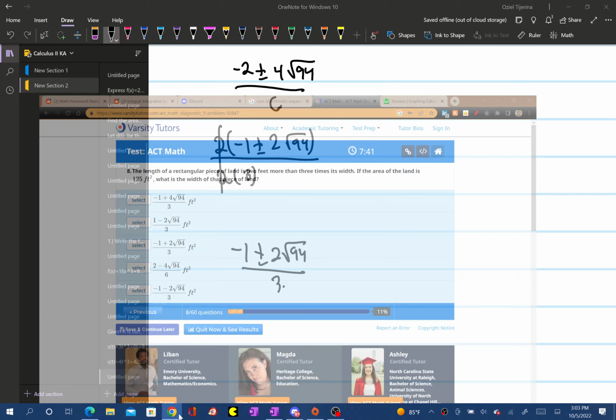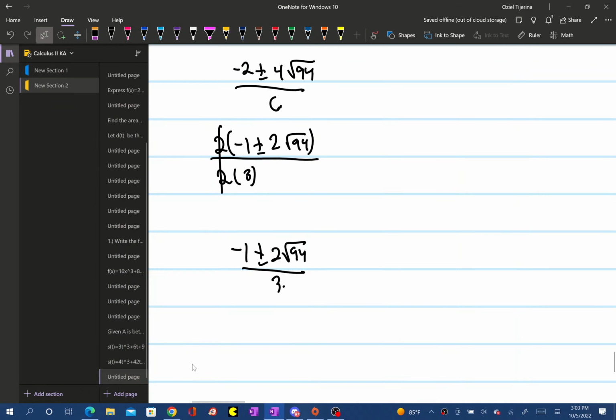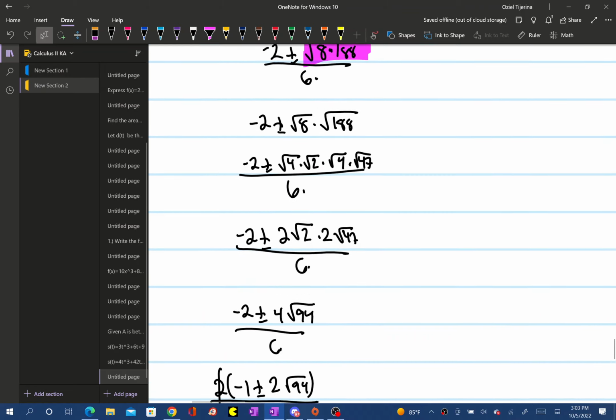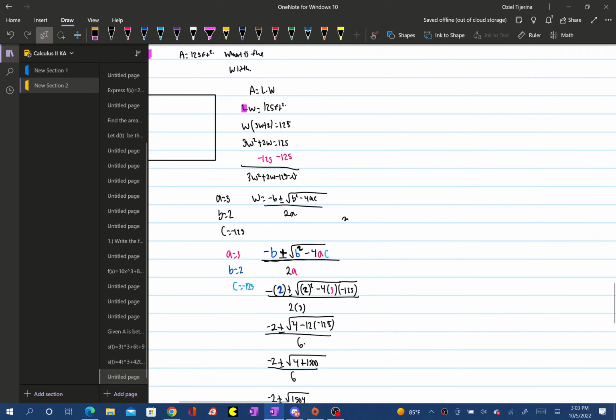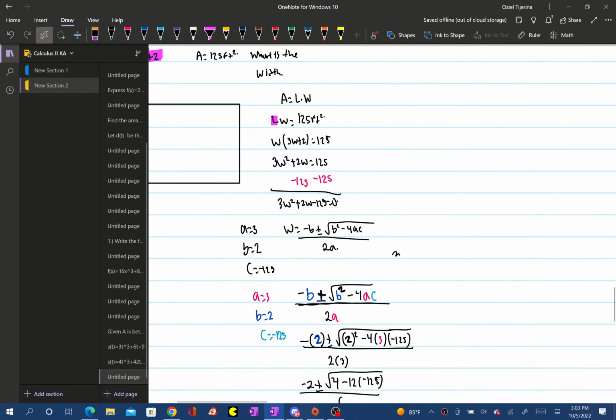And then if you actually add it, negative 1 plus 2 square root of 94 all over 3, that gives you a positive, which means that the width can be positive.